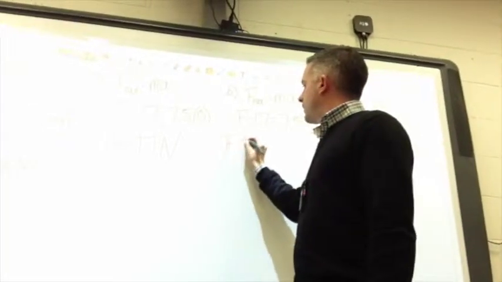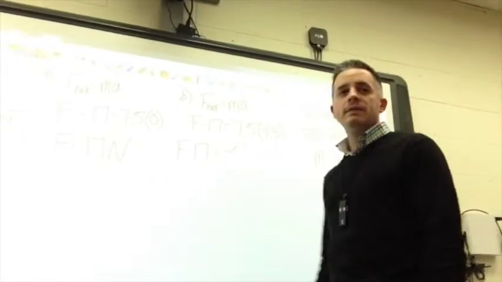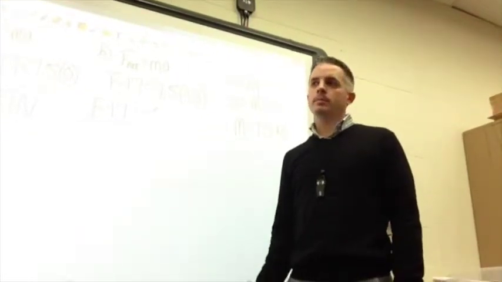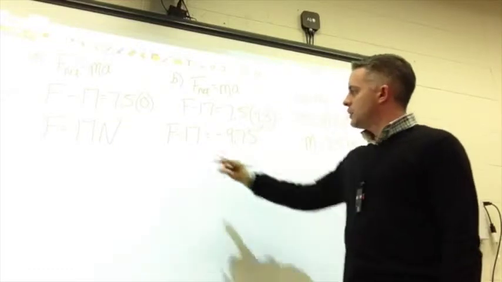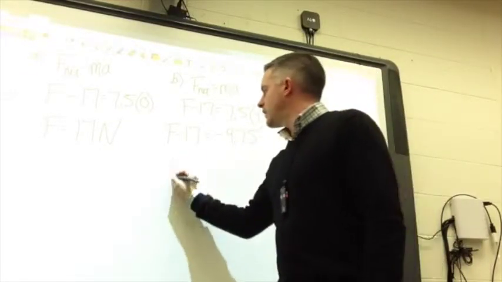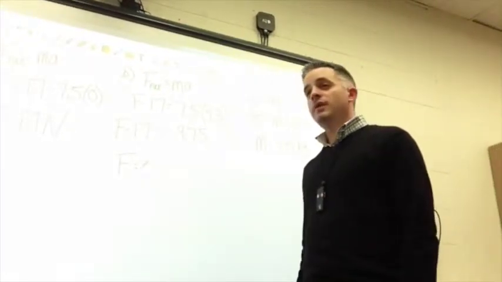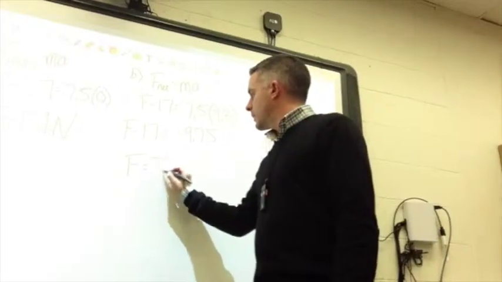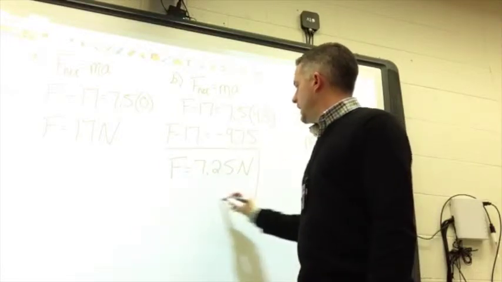So F minus 17 equals negative, what's 7.5 times 1.3? Negative 9.75. Now I'm going to add 17 to this side, and I should get 7.25. So we find that F is 7.25 newtons.